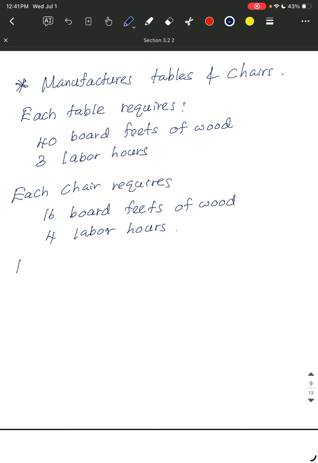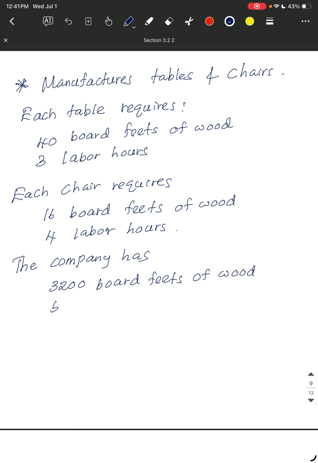The company has available 3,200 board feet of wood and 520 labor hours available.